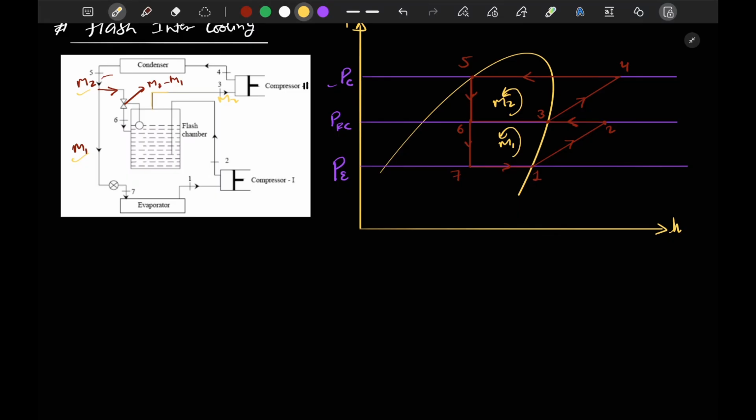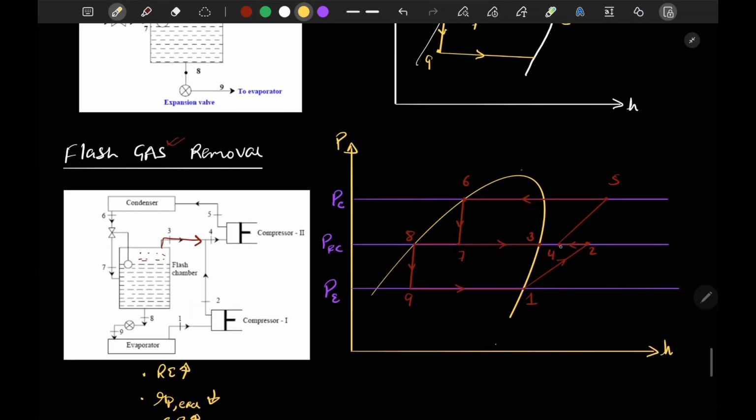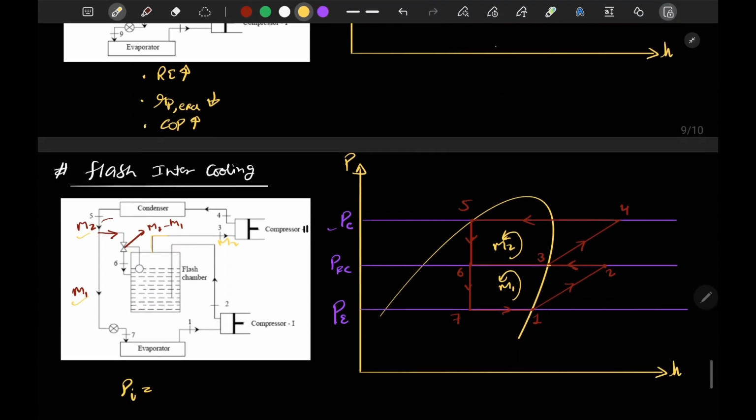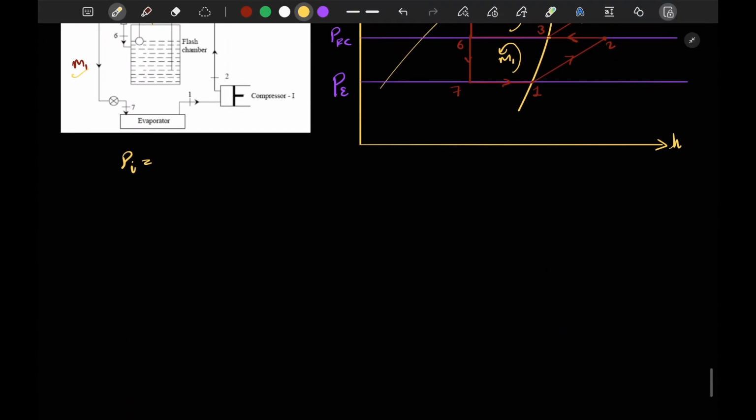If in both the cases we want to calculate our intermediate pressure, so optimum for complete intercooling, here it is complete intercooling. In the previous case the cooling was not complete, it was stopped midway only. There was a mixing of both vapor phases, so the cooling was not complete.